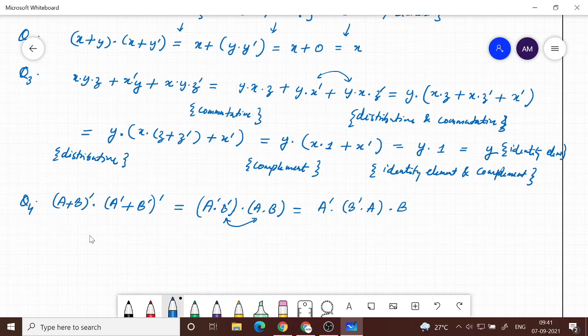Okay, so this is basically associative. Then I can interchange these positions. And again I can, so this is basically commutative.